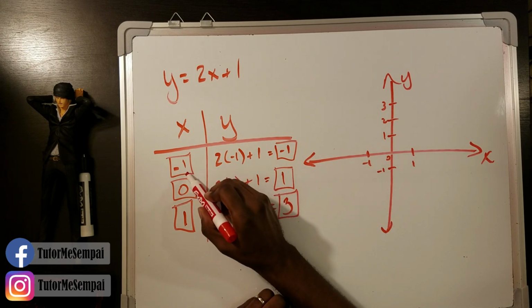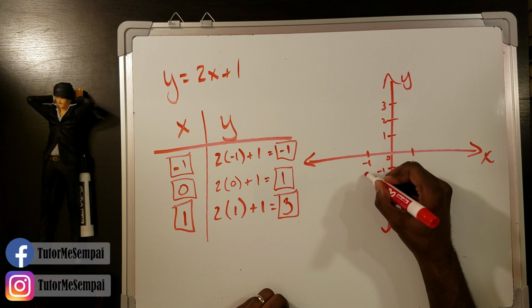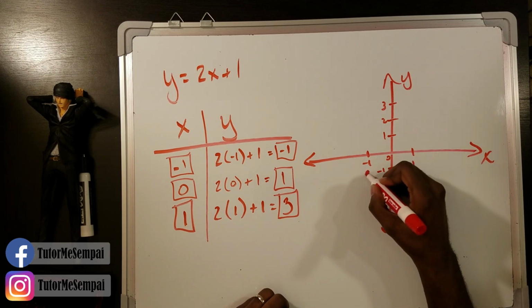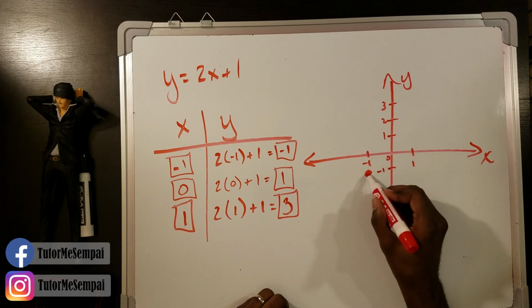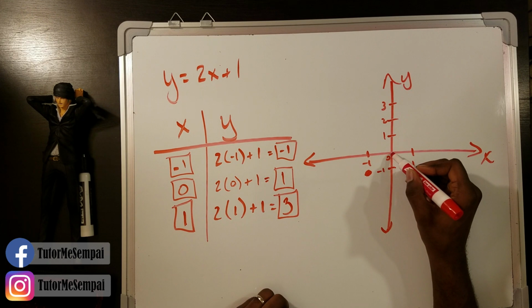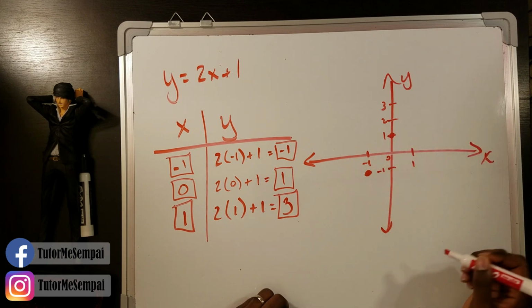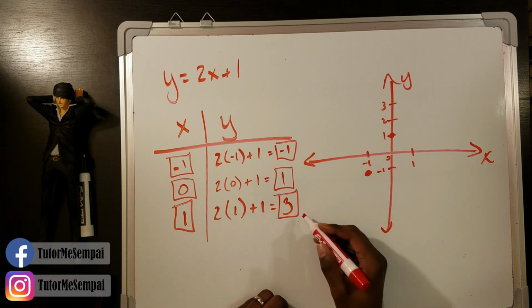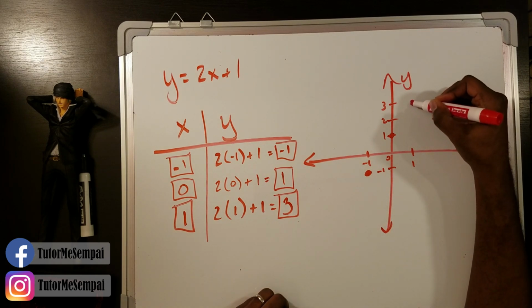Graphing our first point, we get -1, -1, so that looks like this down here. Going back -1, over -1, here we go. The next point is 0, 1, so we put something here. The next point is 1, 3, so we put something here.